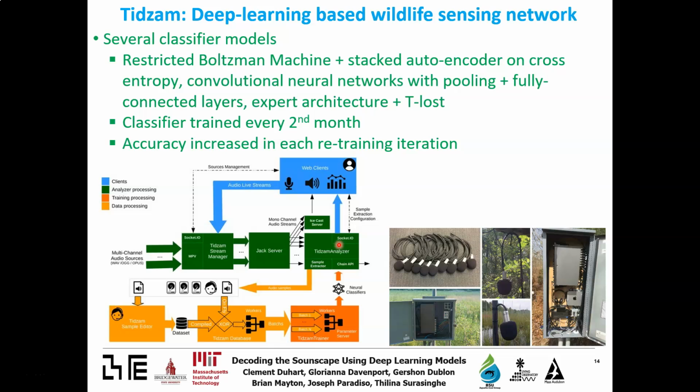We extract some of that and send it through experts to see how well the TIDSAM system, the AI, has done the classification, and then use that to feed a recurrent training towards our AI. You can see these arrows going back this way.